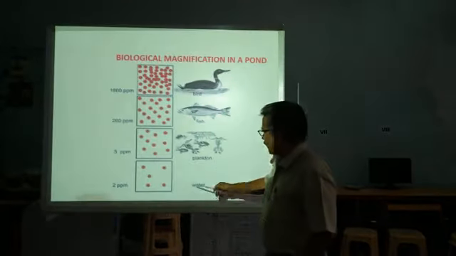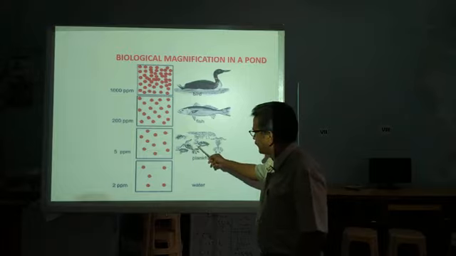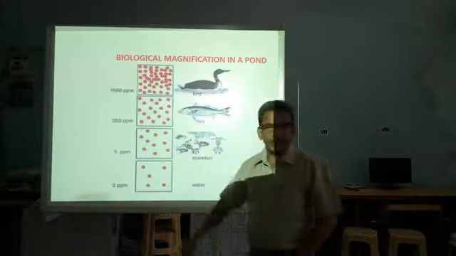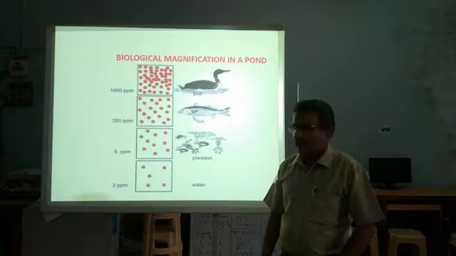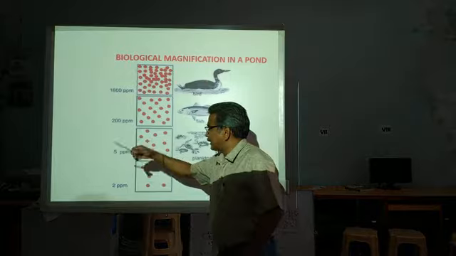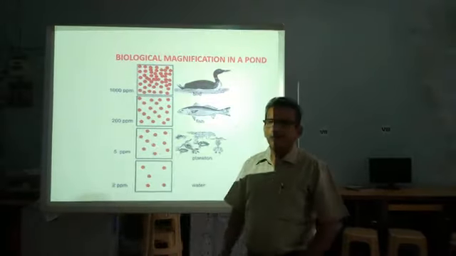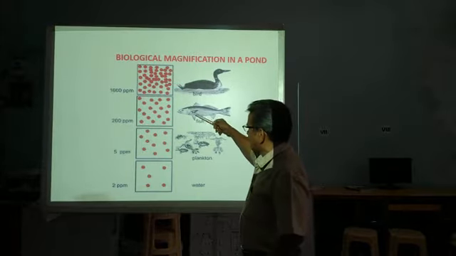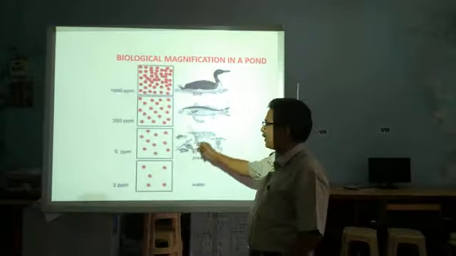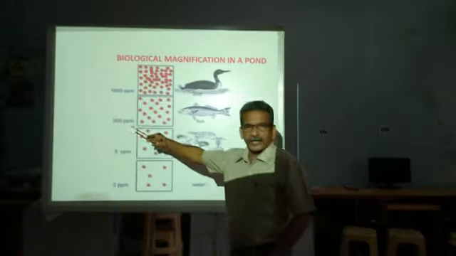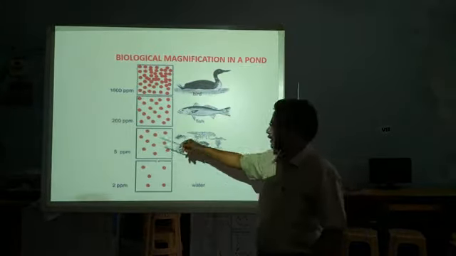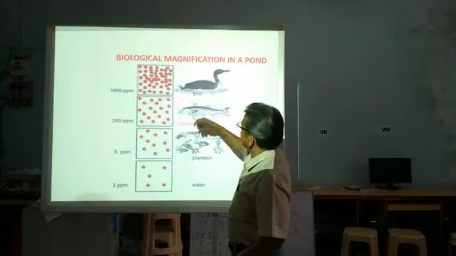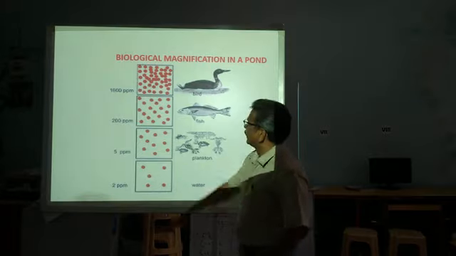Then from the water, these chemicals enter the planktons, the producer level, the first trophic level, where it is about 5 ppm. In the next trophic level, the fishes which feed on plankton form the second trophic level, where the concentration further increases up to 200 ppm. Then again, the fish in turn is eaten by a bird.